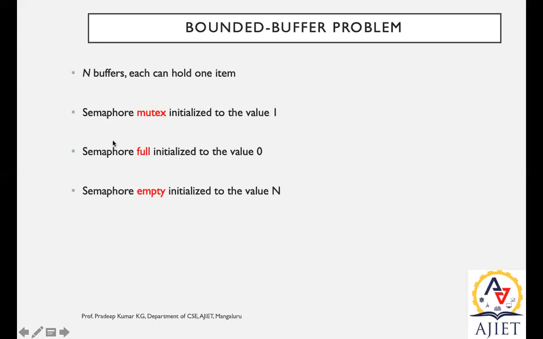And semaphore full will be initialized to 0. Why? Because nobody else can enter. Once that particular sharing has been done, the semaphore empty is initialized to the value n, for the next reader. That is the bounded buffer problem.